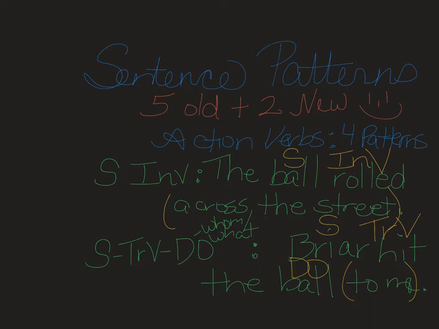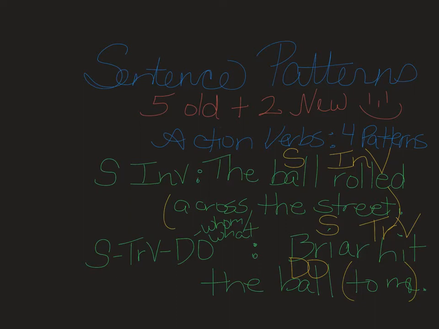So the first 4 include action verbs. Now remember, we have 2 kinds of action verbs. We have intransitive action verbs, and intransitive means that the verb does not transfer its action to a direct object.